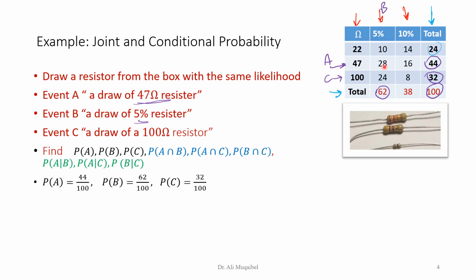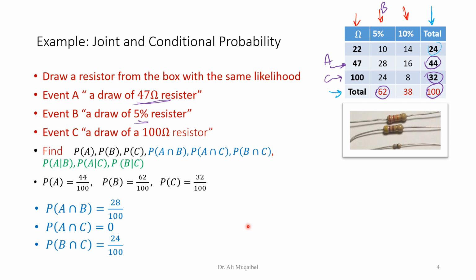It's A and B at the same time, so we're speaking of 28. Okay, 28 is the intersection, 28 out of these 100. Now, probability of A intersection with C, they don't intersect, so this is going to be 0. B intersection with C is going to be 24 divided by 100. So we got the following numbers, and it should be straightforward.